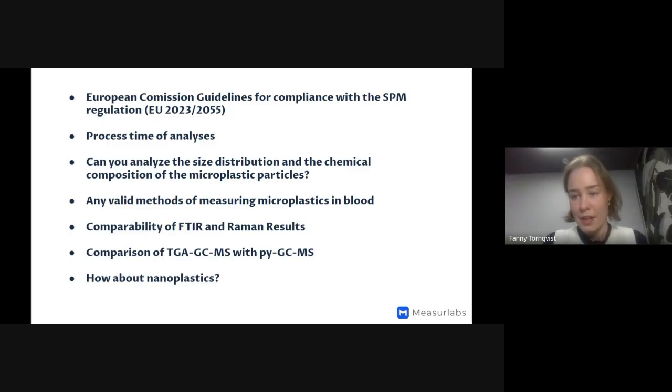Good. Then a slightly more regulatory side question from Pavelkova. Do you negotiate with ECHA to make these methods incorporated in the compendium of analytical methods recommended for the verification of compliance of REACH Annex 17 restrictions?